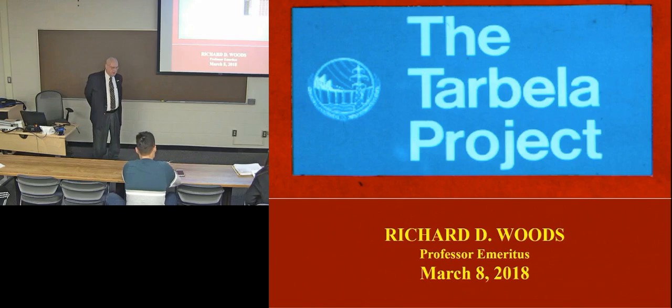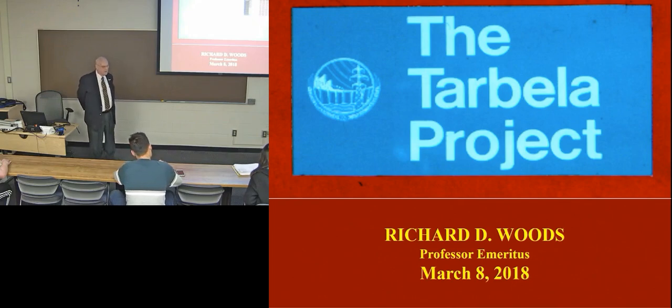In India, the dam was called the Mangla Dam, and that was completed before Tarbela. But in the late 1940s, actual work was started in the investigations of the possible location for the Tarbela Dam.